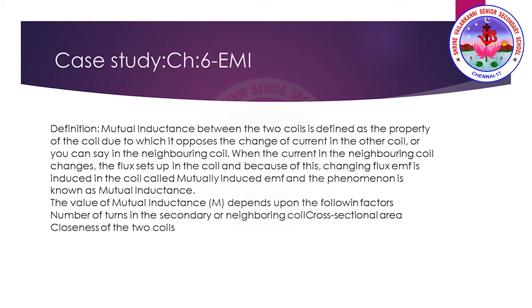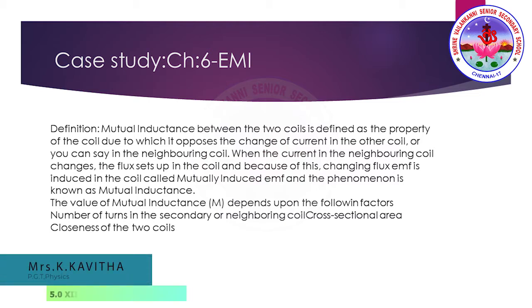See, they have given the definition of mutual inductance. The mutual inductance between the two coils is defined as the property of the coil due to which it opposes the change of current in the other coil, or we can say that in the neighboring coil, right?